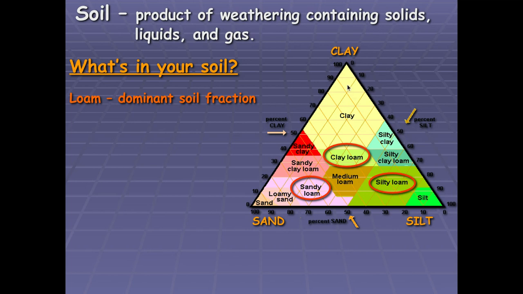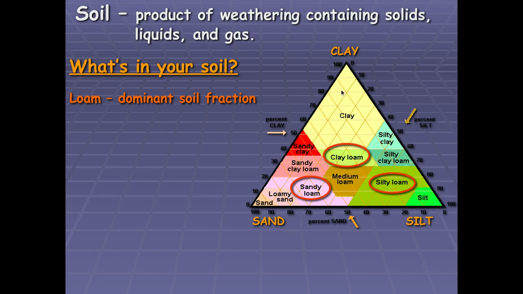So again, it's a triangle, and at each corner of the triangle exists 100% of the particular type of soil fraction. For example, where you see my arrow, this part of the triangle is 100% clay. Then you come down to this part of the triangle where my arrow is. This is 100% sand. And then over to the right at the triangle is 100% silt.